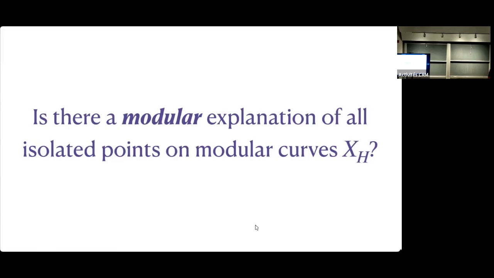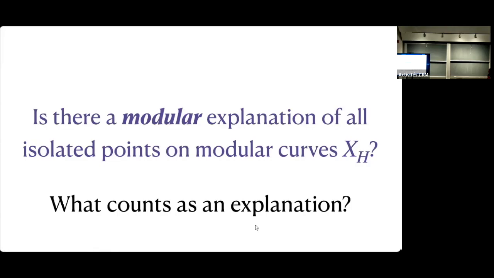There was no deeper reason for their existence. But on the modular tower, maybe there's a reason for these isolated points. CM points and cusps are often isolated, and there's a reason for those. So what about the non-CM and non-cuspidal points? I think this is very tantalizing. I think it's very difficult. And I also think it's possible that the answer might be unsatisfying.